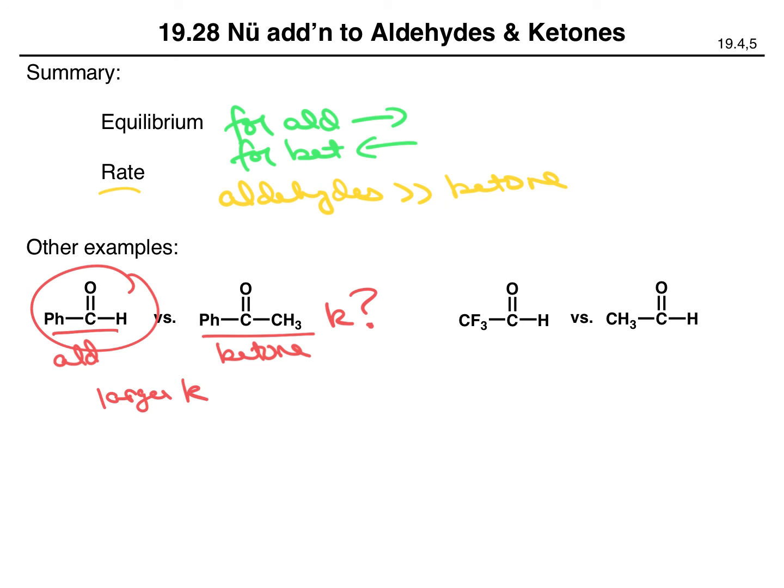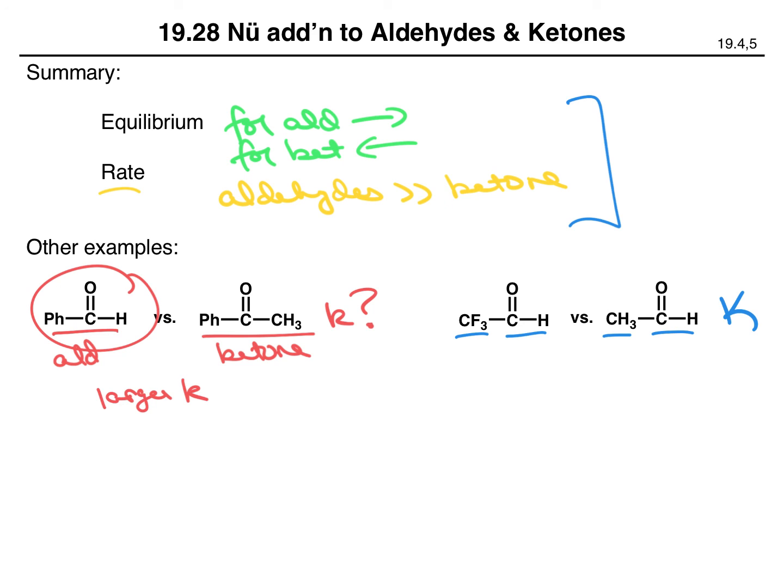What if we were looking at trifluoroacetaldehyde compared to acetaldehyde, and we want to know which one has the larger equilibrium constant K? Well, now we're talking about both aldehydes. So let's not just memorize it this way, but let's think about what we derived in terms of relative stability of starting materials and relative stability of intermediates or products.